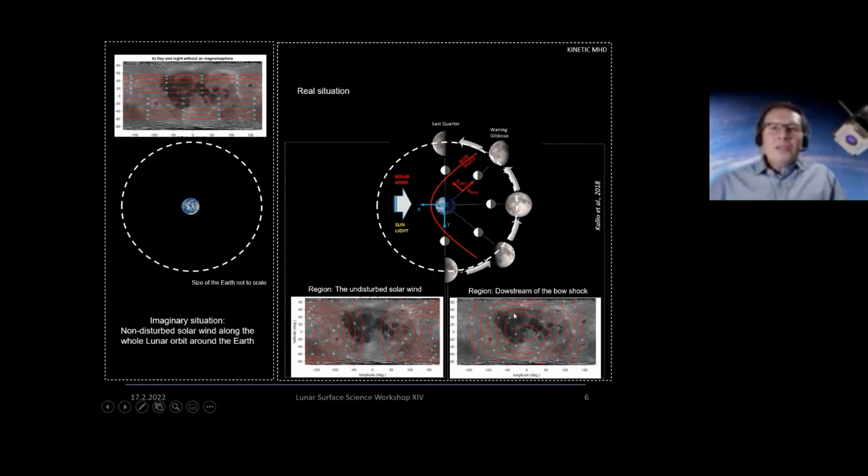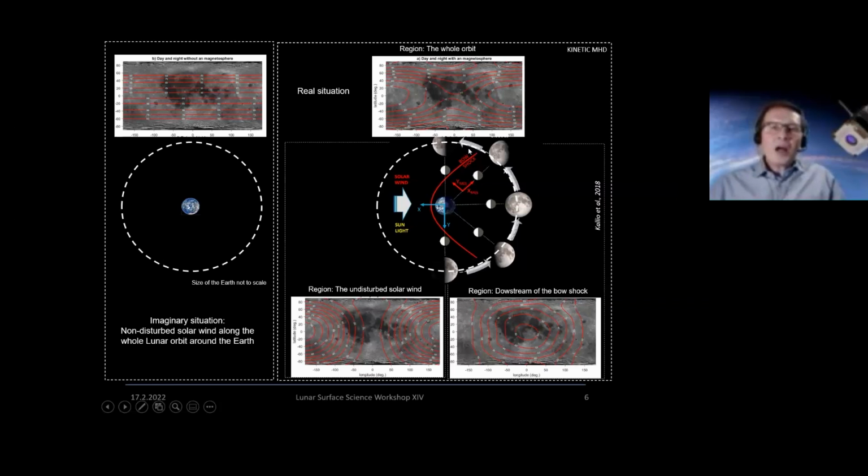Then when the moon is downstream of the bow shock and in the Earth magnetosphere, the maximum flux is on the near side. But here the plasma is disturbed because of the Earth magnetosphere, and therefore the accumulated total particle flux and also other properties of the particle flux around the full orbit are not the same as they would be without the Earth magnetosphere.